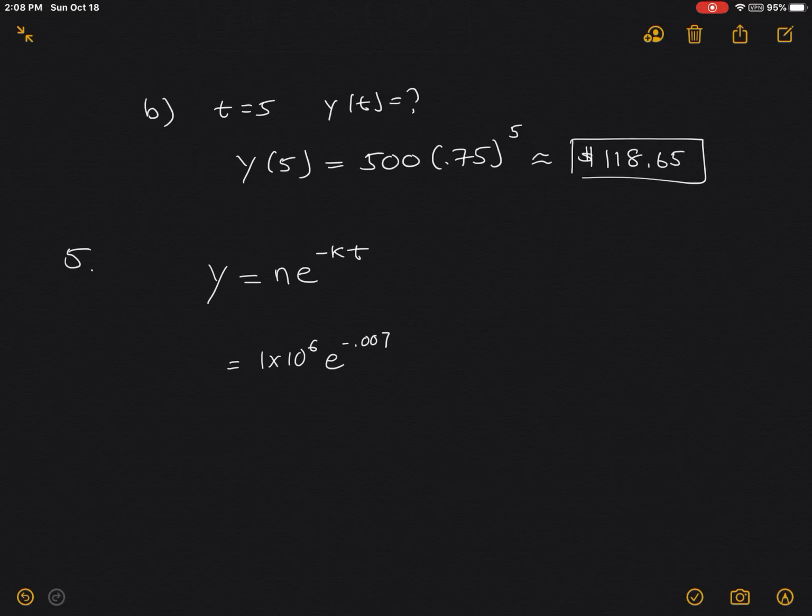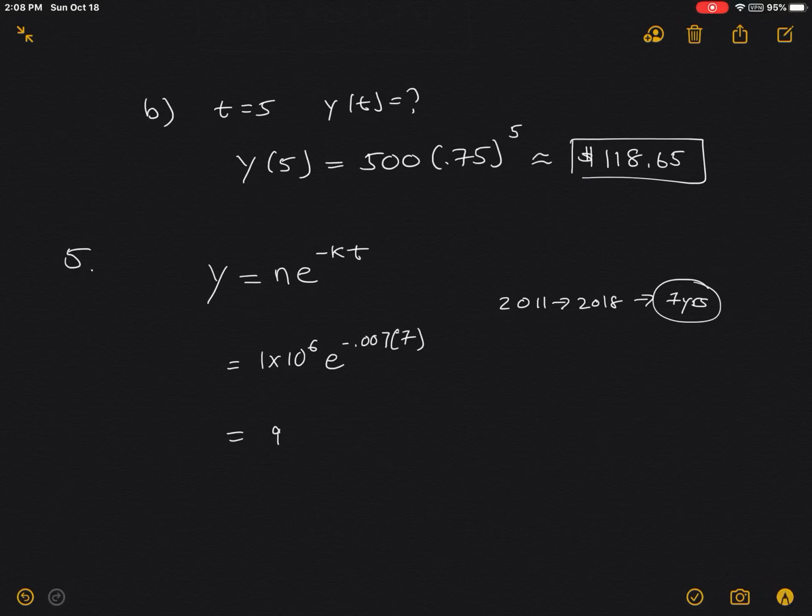I move it 2 decimal places to the left. And from 2011 to 2018, that's going to be a total of 7 years. That's going to be my time. So negative 0.007 times 7.